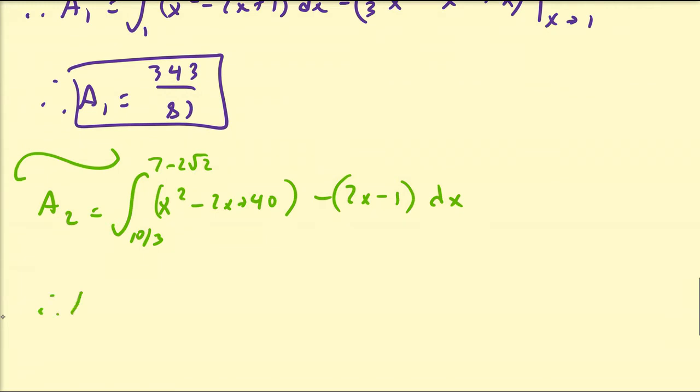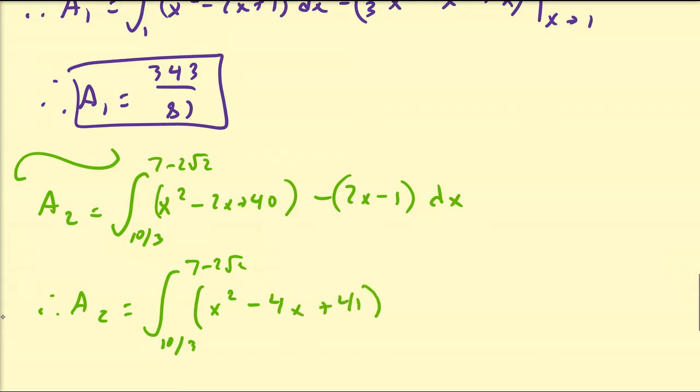That's going to be equal to the integral from 10/3 to 7 minus 2 root 2 of x squared, minus 2x is going to be minus 4x, 40 minus minus 1 is going to be 41 dx.